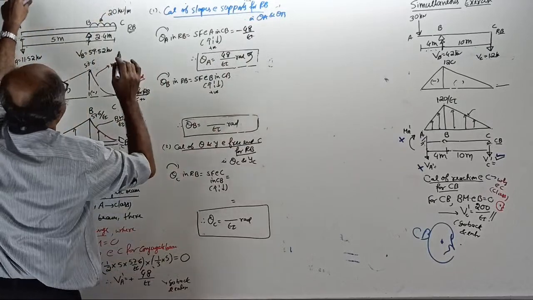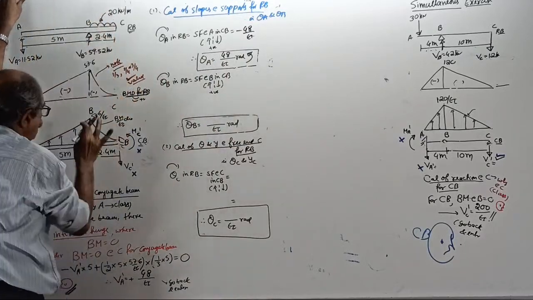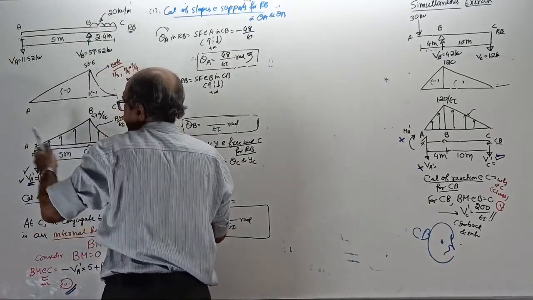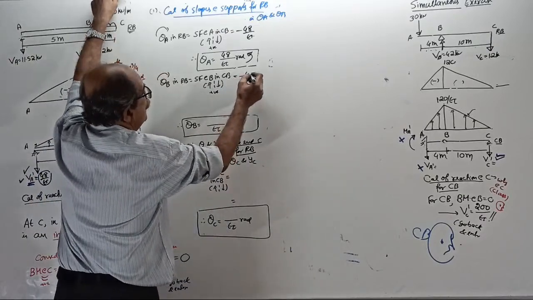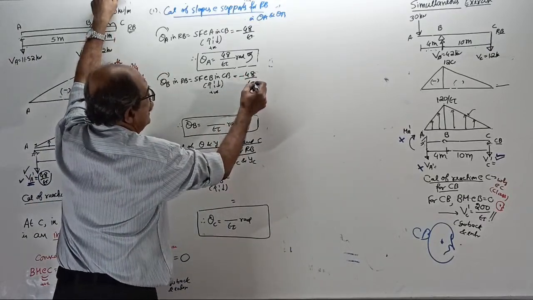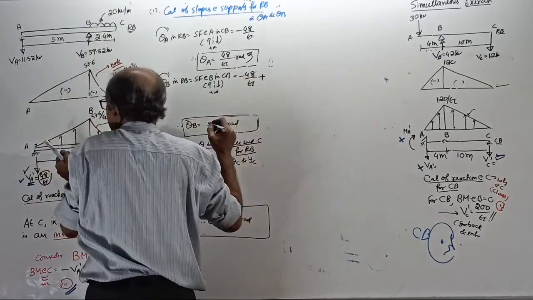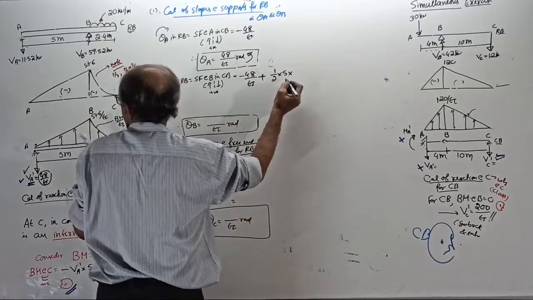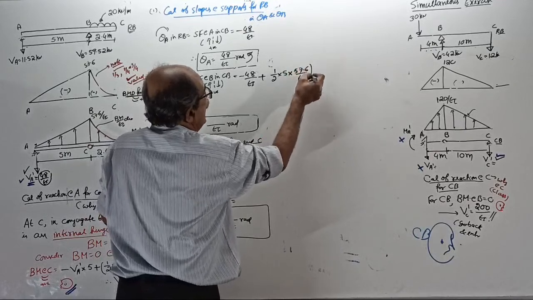Then slope at B in the real beam equals the shear force at C in the conjugate beam. Look this side. It is minus 48 by EI, plus half into 5 into 57.6 by EI. That's all.